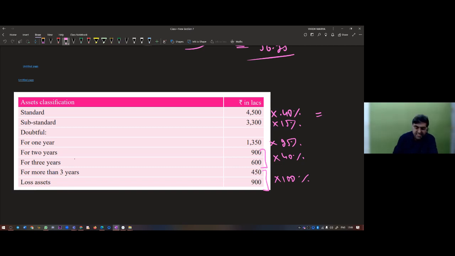Answer in lakhs. 4,500 into 0.4. 3,300 into 15%.